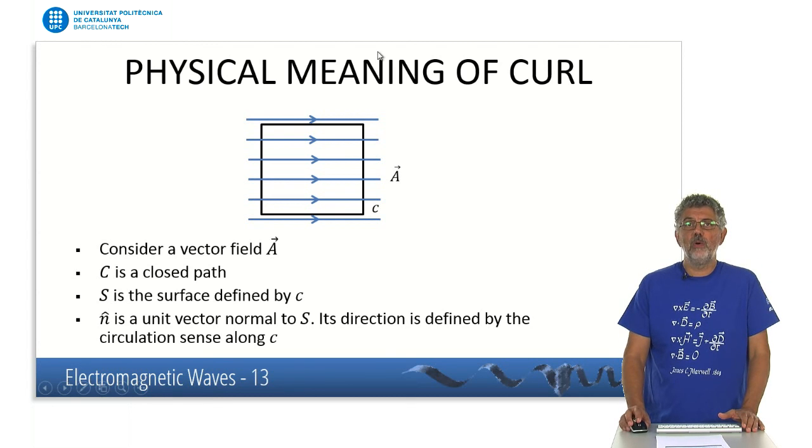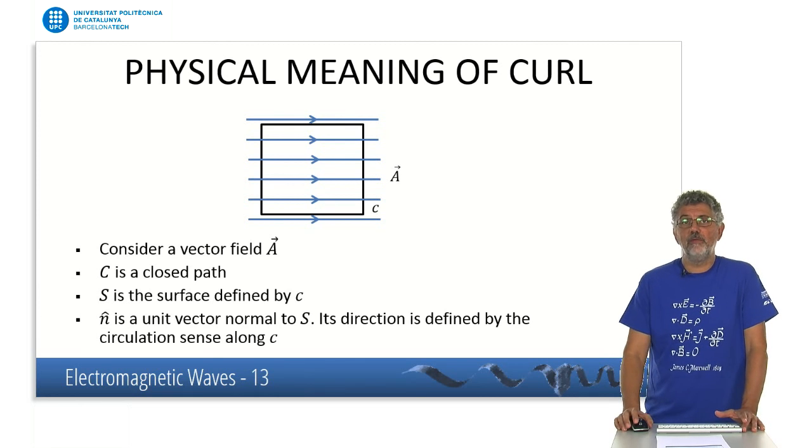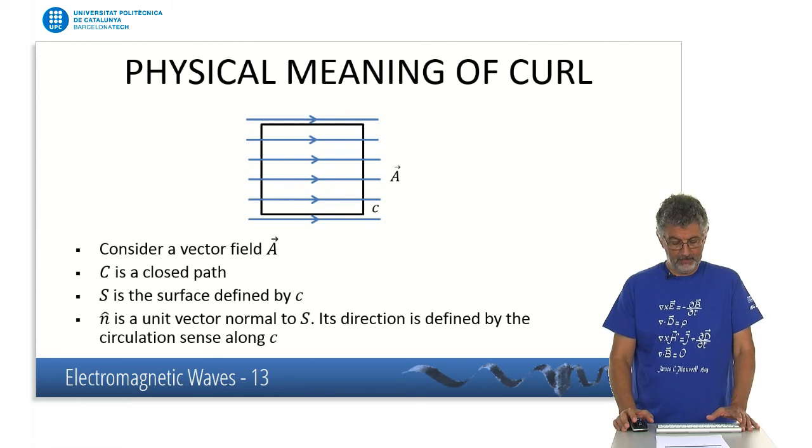So if we go around that closed path C in a counterclockwise sense, if we use our right hand, our thumb would point towards the screen, towards you, and that would be the direction of that vector N.